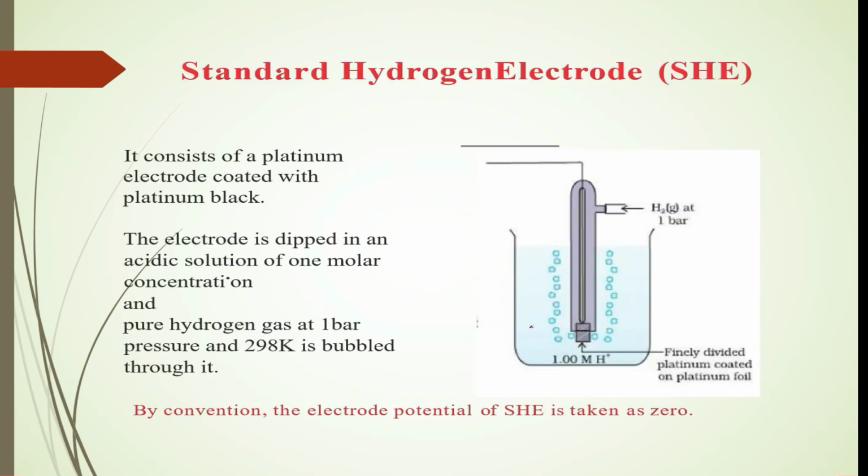This standard hydrogen electrode is a platinum electrode coated with platinum black. The electrode is dipped in an acidic solution of 1 molar concentration at 1 bar pressure and 298 Kelvin. We all know this is a standard hydrogen electrode.